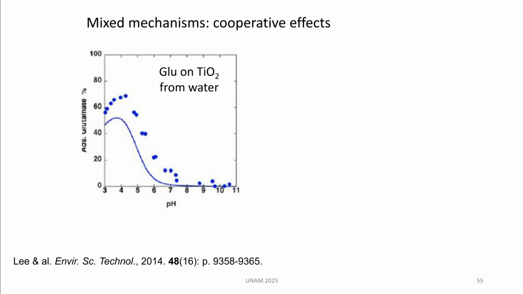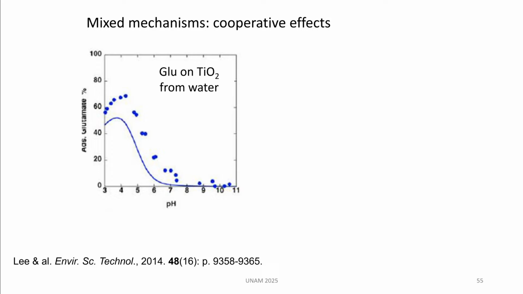And what you see here is strong adsorption at acidic pH, falling to almost zero at the point of zero charge of titania. That's easy to interpret. Glutamate is a negatively charged molecule. Titania is one of those oxides with a PZC. And remember, it's positively charged under the PZC.